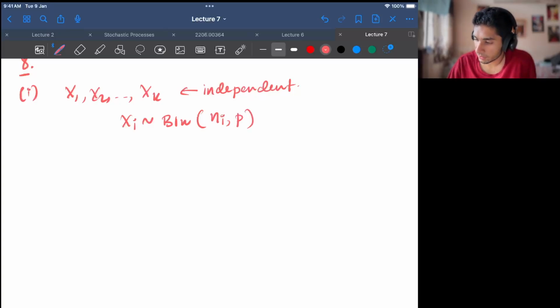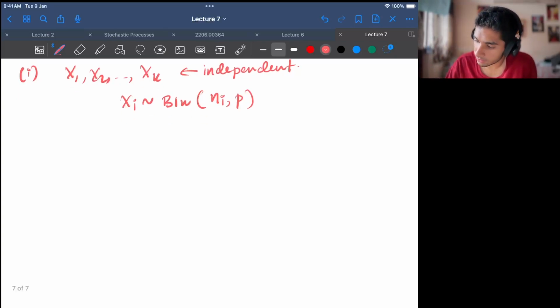So they are independent but not identical; each of them has a different distribution. The question is, what is the distribution of the summation of xi, i going from 1 to k?